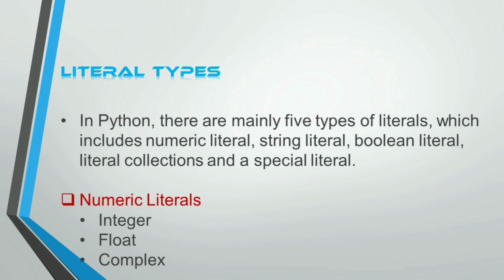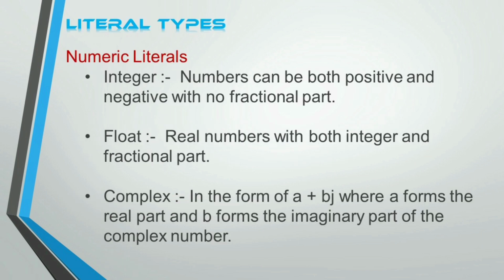Now, what are the types of literals? In Python, there are mainly 5 types of literals, which include numeric literal, string literal, Boolean literal, literal collections, and a special literal. Numeric literals are further divided into integer, float, and complex types. Integer literals are numbers that can be both positive and negative with no fractional part.